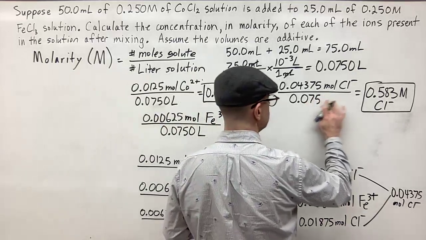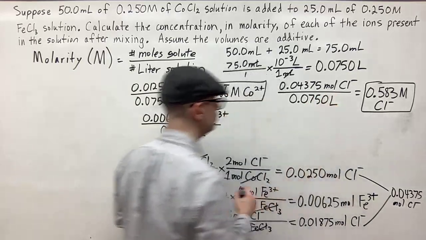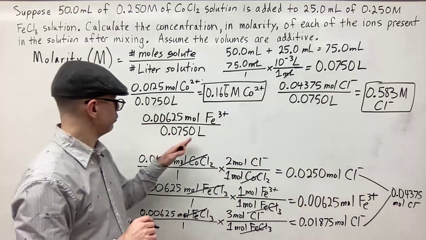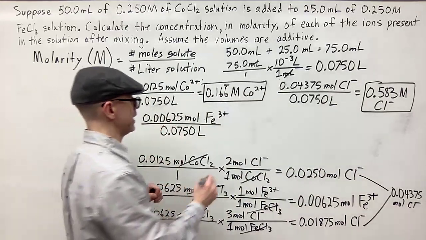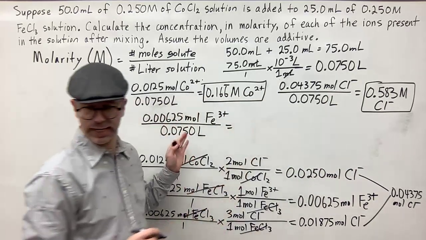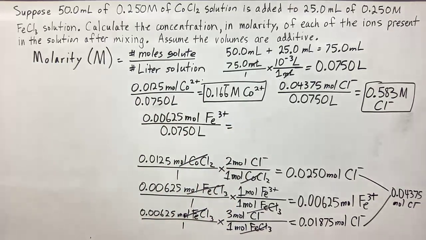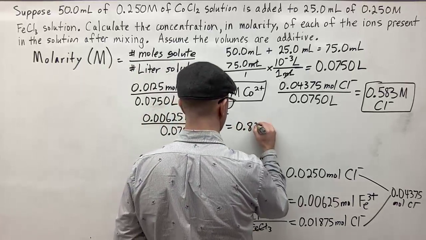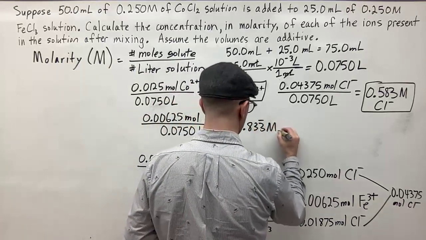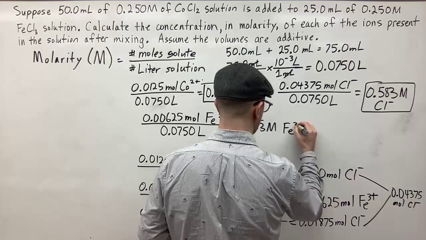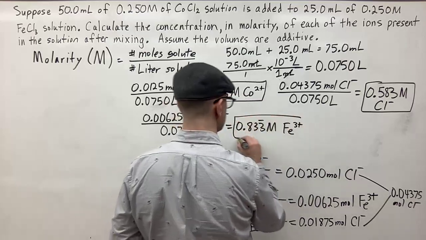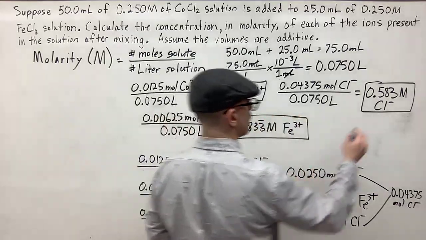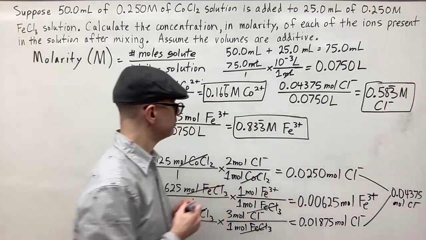Again, I forgot the 0 here. And again, I have 3 sig figs, 3 sig figs, so my answer should be 3 sig figs. And when I calculate that, I get 0.833 molar Fe3 plus. And this is a line over that.